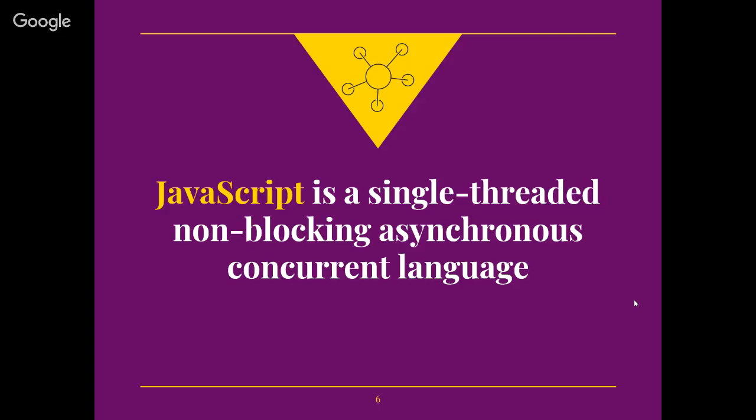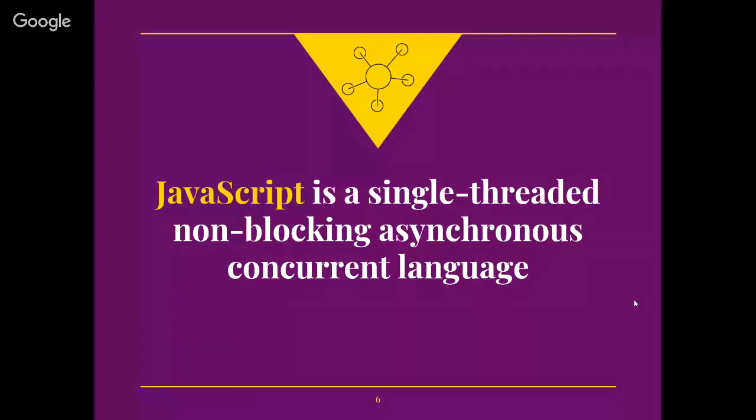But with the help of the web APIs, we have additional threads that we can run time-consuming code on, without blocking our script that has JavaScript on it. So that's the difference between synchronous and asynchronous code.